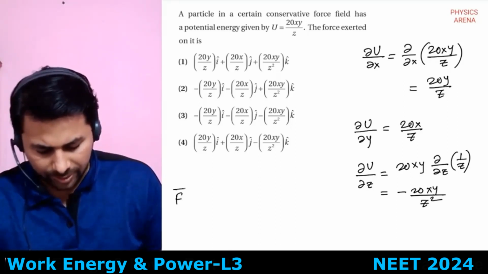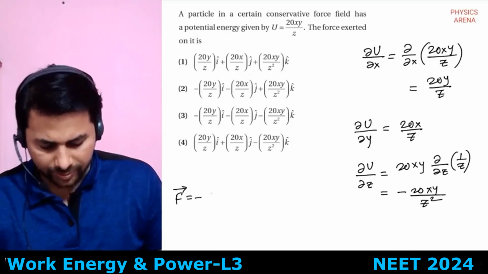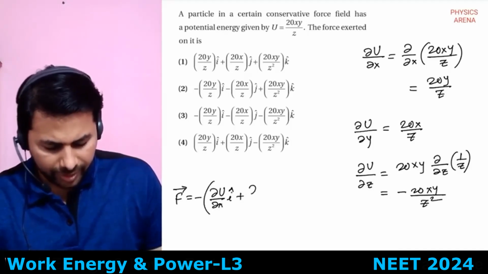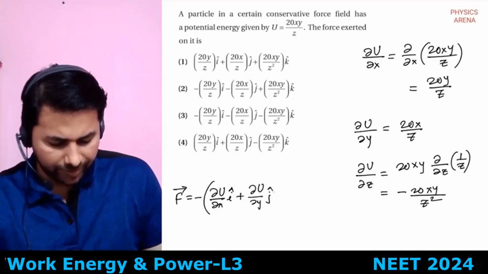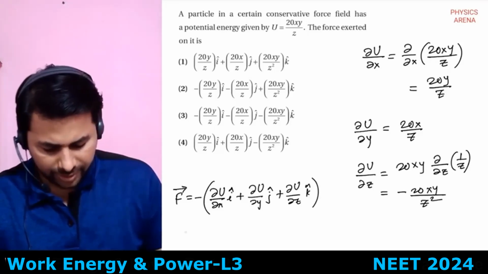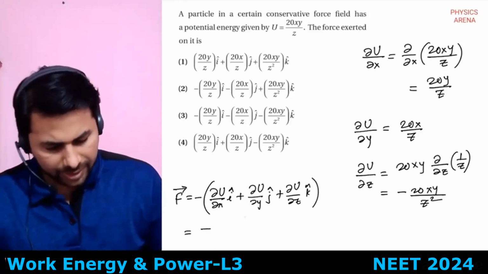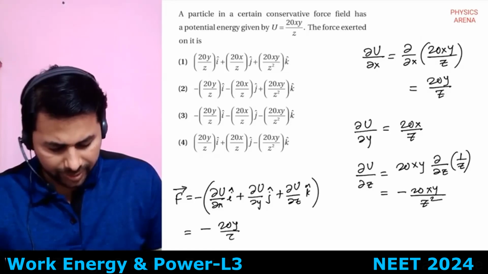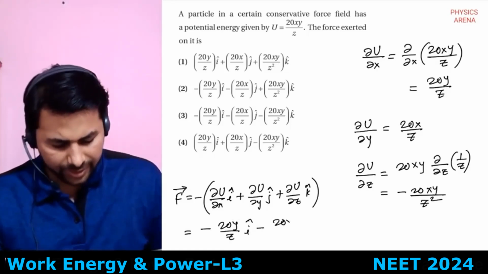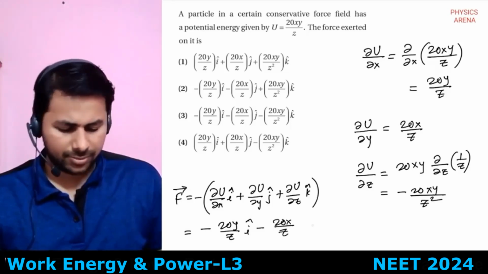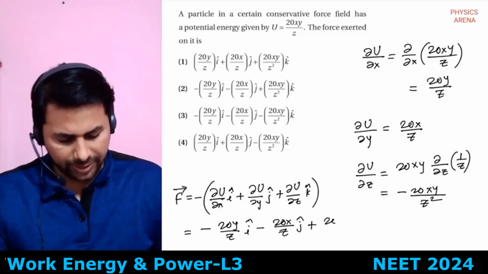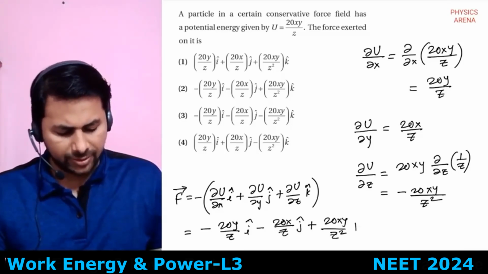Then you can just substitute these things. So F equals minus of del U by del x into i cap plus del U by del y into j cap plus del U by del z into k cap. And that is minus 20y upon z into i cap, minus 20x upon z into j cap, and plus 20xy upon z square into k cap.